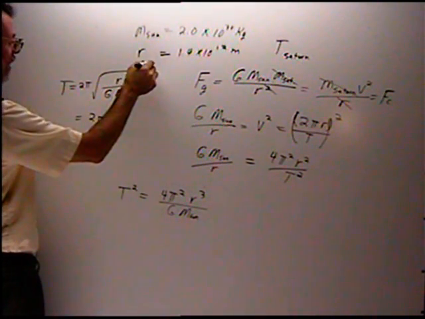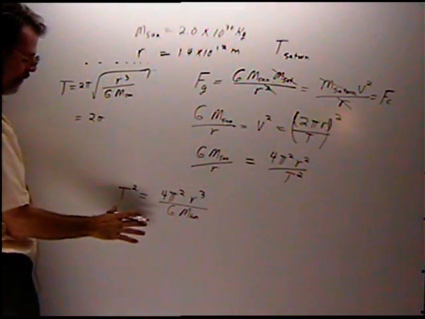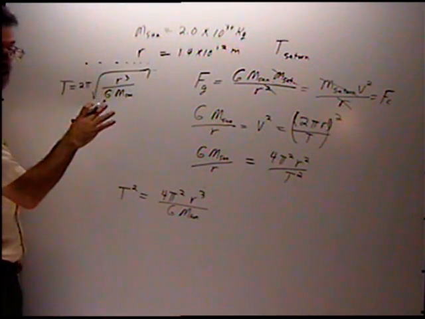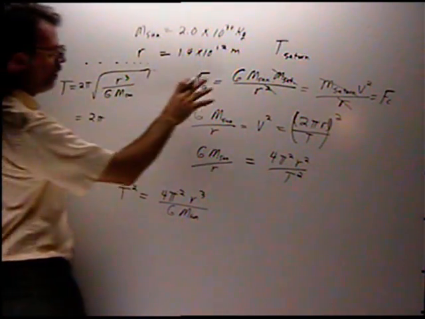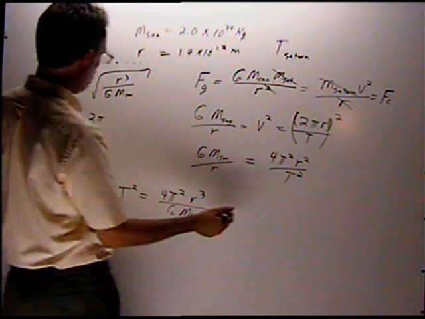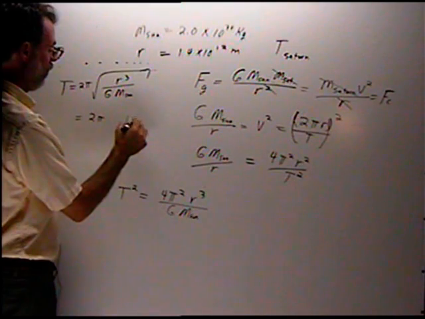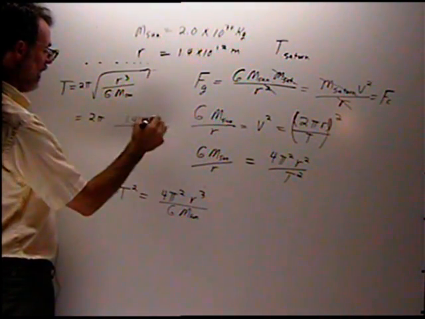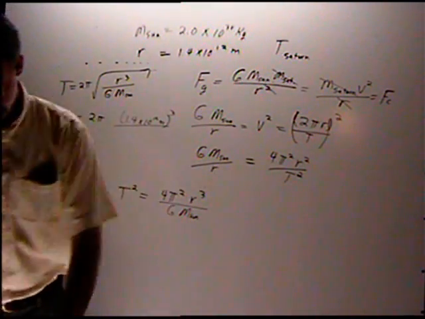So let's substitute in. Notice if you're like me, you like to do all the algebra first, solve for what you need to solve for, come up with an equation, and then plug your numbers into the equation, as opposed to plugging your numbers in immediately, because you're going to have to do some algebra first. So we get 1.4 times 10 to the 12th meters, and I have to cube that, divided by g.